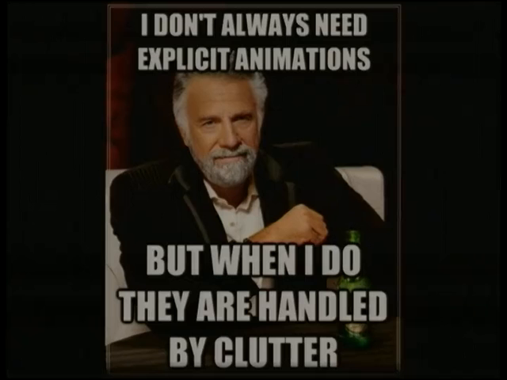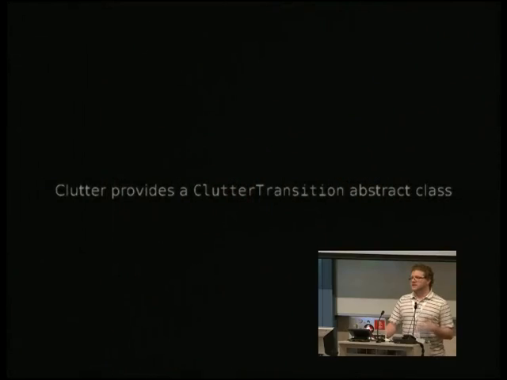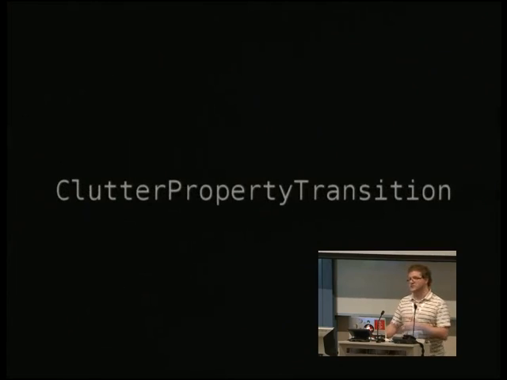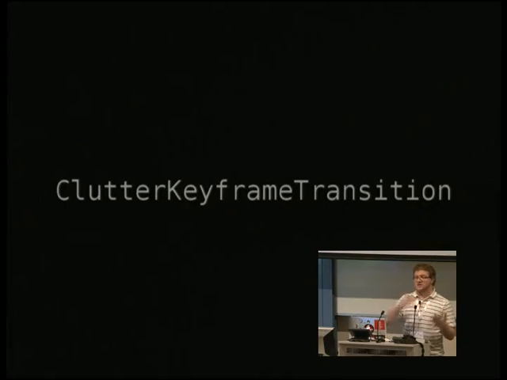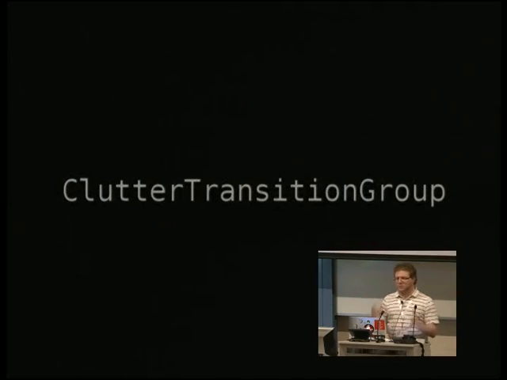So the core API of Clutter provides you with a transition base class and has various implementations like a property transition, which just controls the interpolation of a single property of an actor, or a keyframe transition, which uses keyframes or key positions in time and the easing curve between the keyframes, or a group that owns a lot of transitions together and moves them together at the same time.